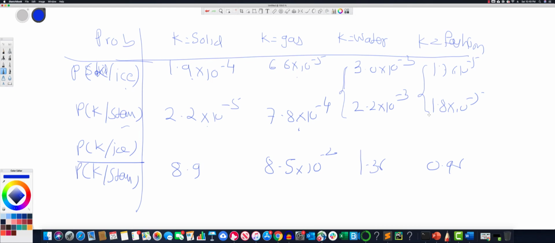Now when you take a ratio of ice over steam, what we find is that the difference between the discriminative words versus non-discriminative words is amplified. For example, when you take a ratio of ice over steam for solid, the ratio is very high, and in the case of gas, the ratio is very low, right? So wherever they are related, the ratio will be very high or very low.